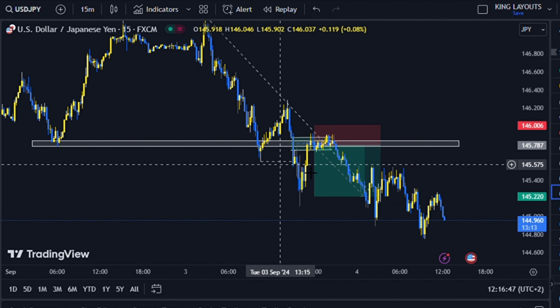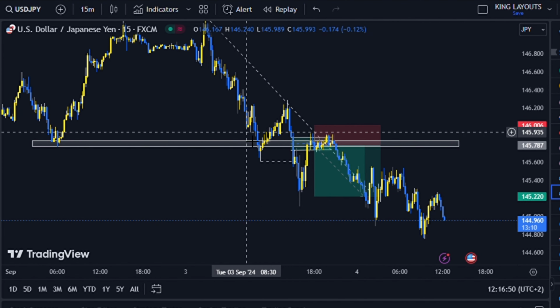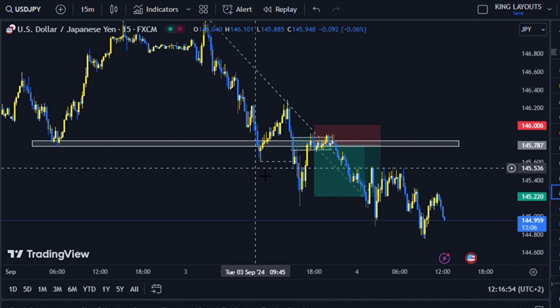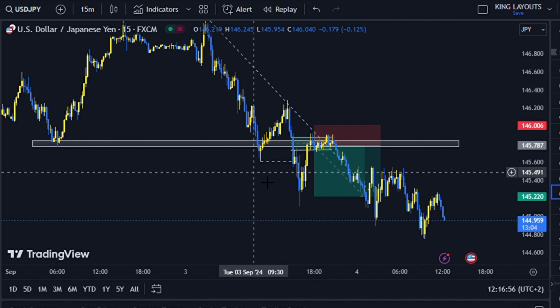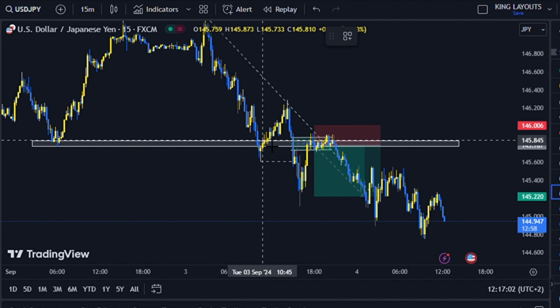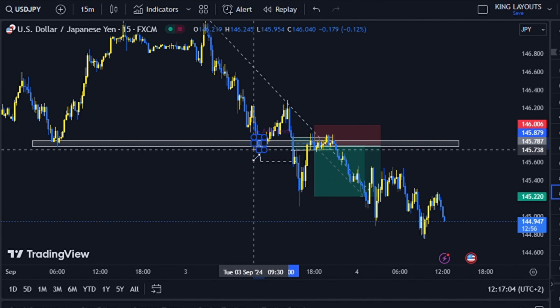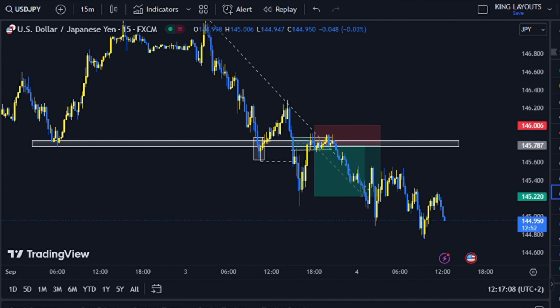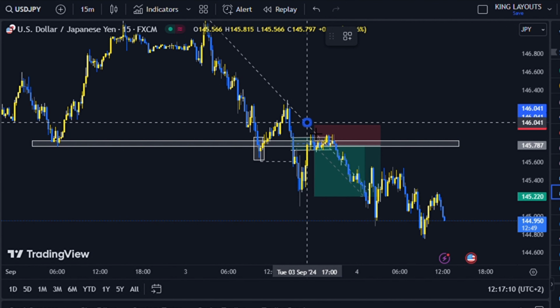Because when the market reached here, there was quite a rejection. Even though the rejection was not spot on the zone, you can associate this rejection with the zone right there. And also here, same thing happened.